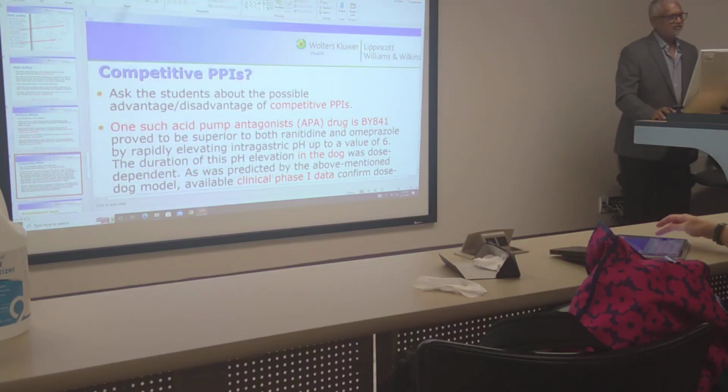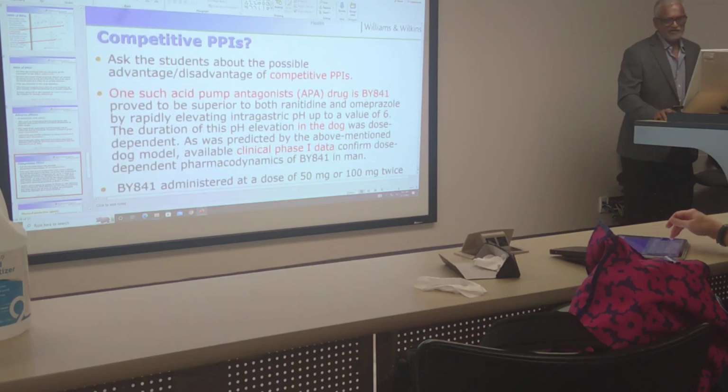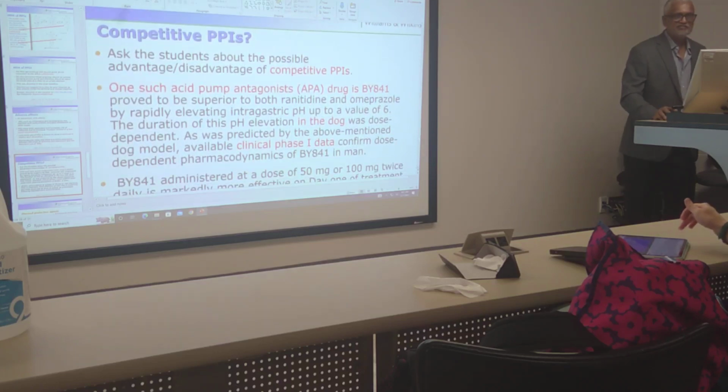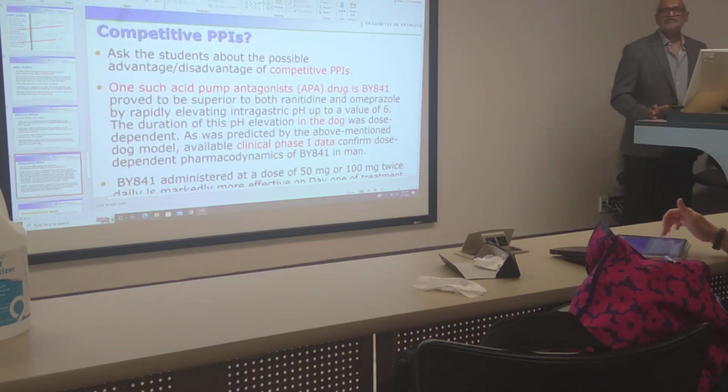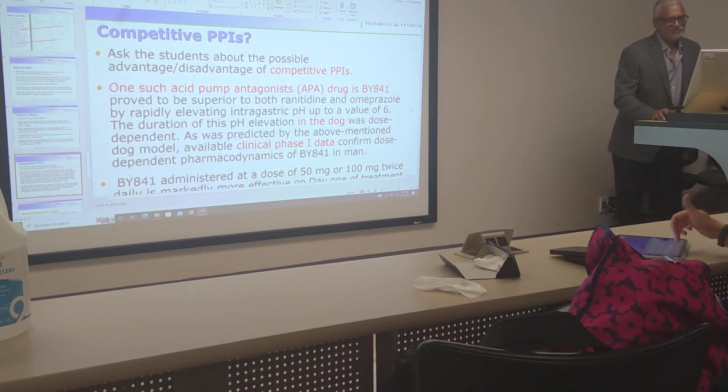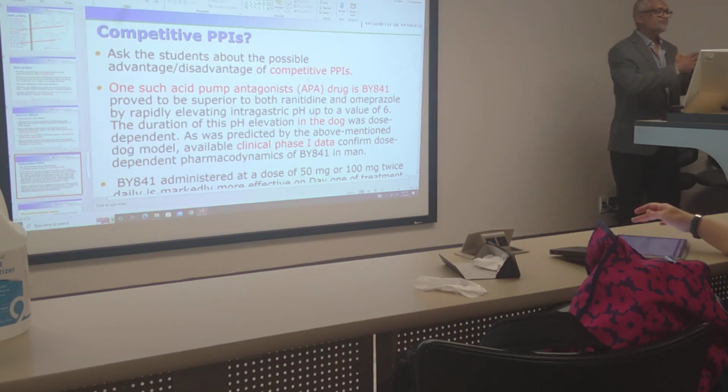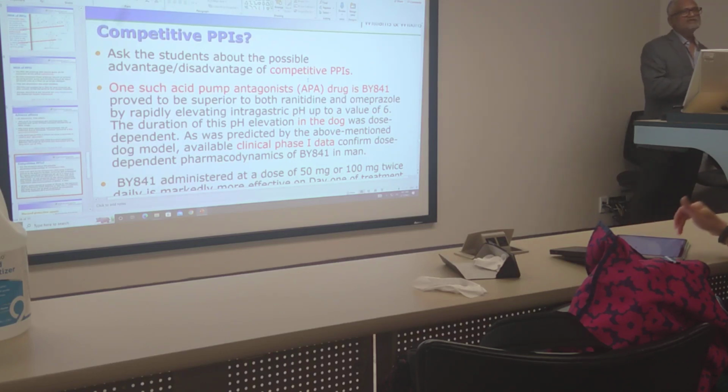Then the competitive PPIs will probably help, but we still don't have a clinical drug available. These are investigational drugs. One of them is BY841, which, as I mentioned earlier, interferes with the potassium transport into the parietal cell.